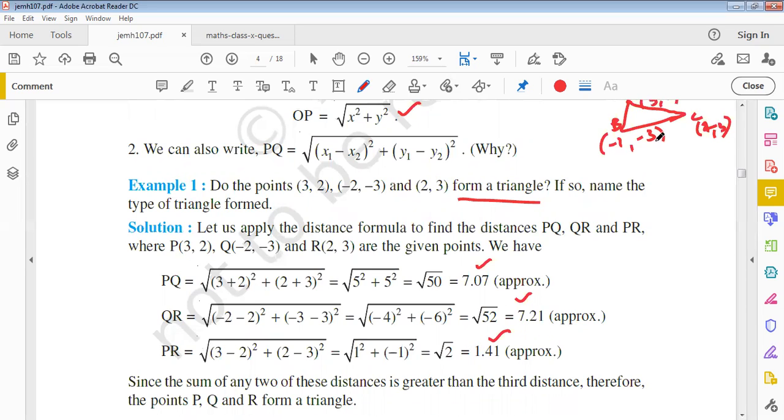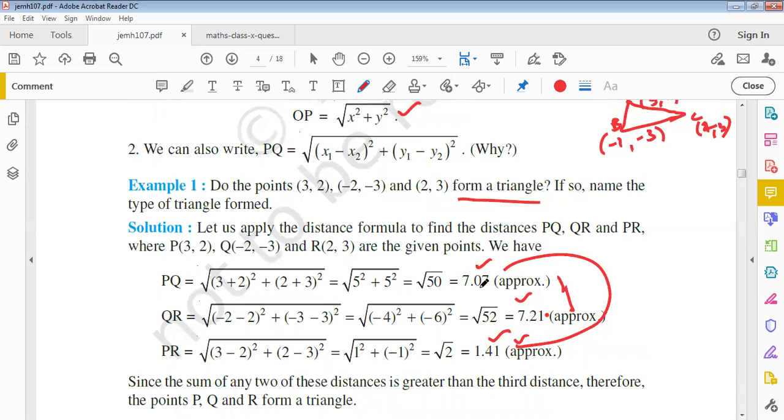We know from the 8th standard, if 3 sides are given, whether they form a triangle or not. Remember, the sum of any 2 sides should be greater than the 3rd side. Condition number 1. The difference of any 2 sides should be less than the 3rd side. Condition number 2. If you add these 2, it is more than this one.